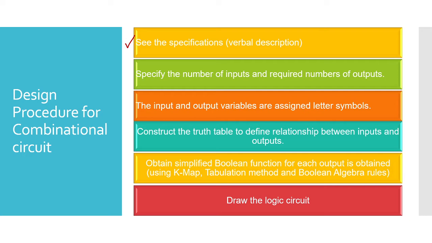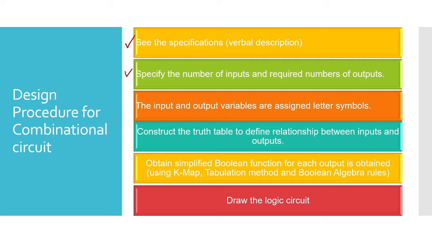The second step will be, based on the given specification, you will decide how many inputs are required and how many outputs are required. So this will be the second step.